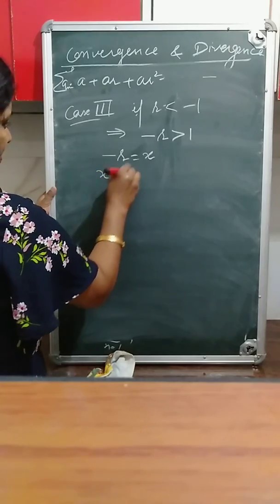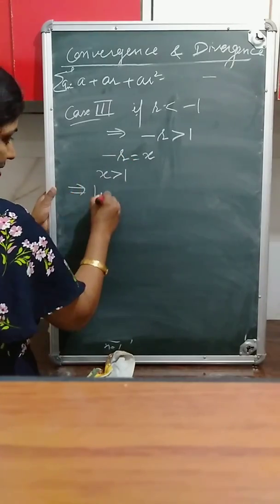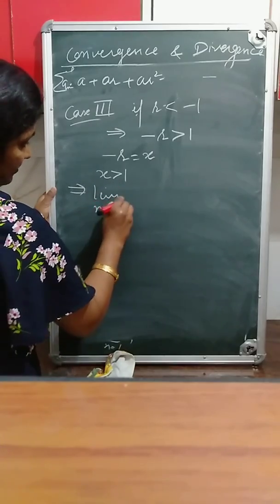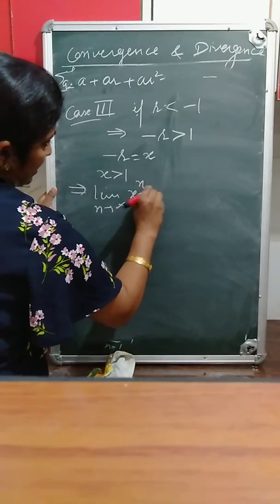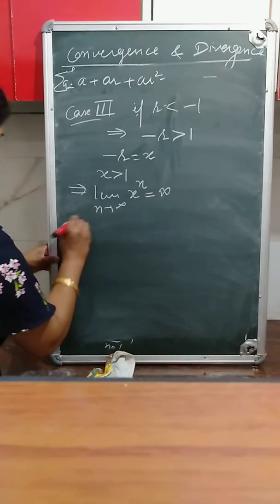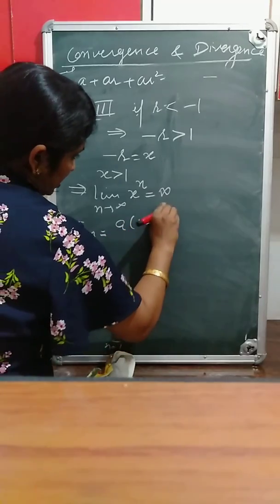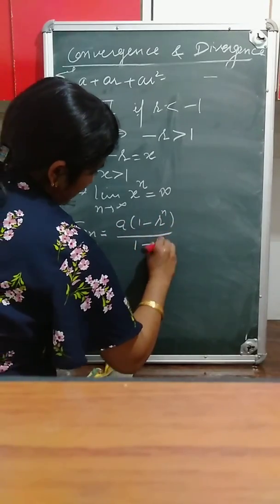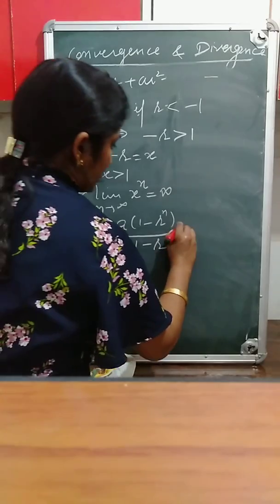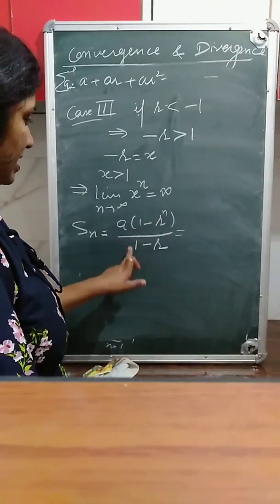So clearly x is greater than 1, and in that case limit n tending to infinity, again x raised to the power n will be infinity. Now again consider Sn. It is a into 1 minus r raised to the power n upon 1 minus r.